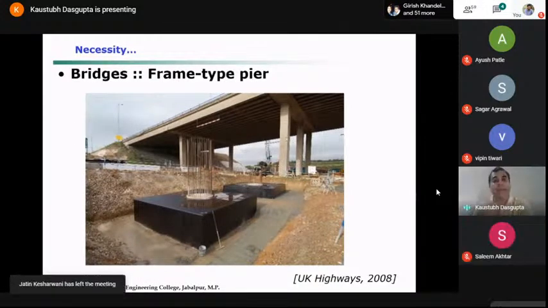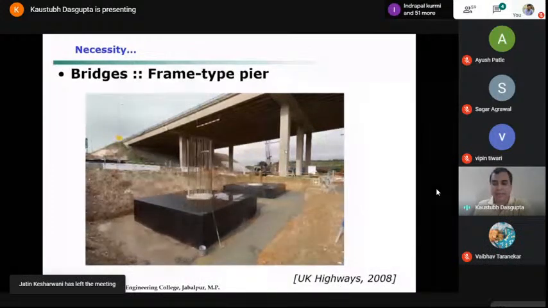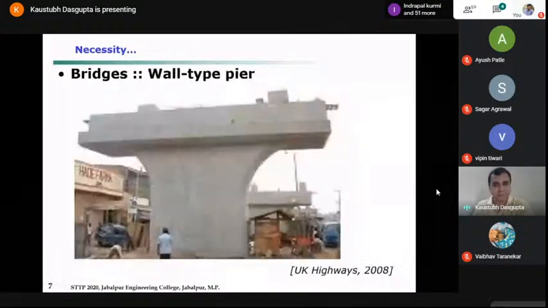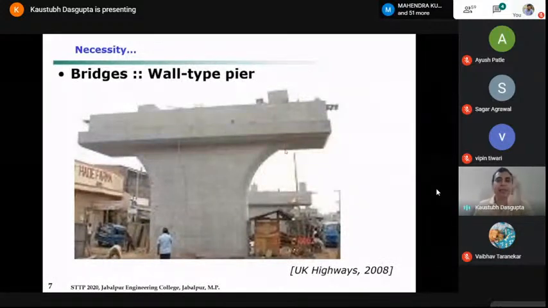If you want to enhance the strength, instead of a frame type of pier, you provide a wall type of pier. You must have seen these types of piers in structures carrying the metro lines or the flyovers, and everywhere they are used. Primarily this wall type of configuration is used to enhance the lateral strength and stiffness.